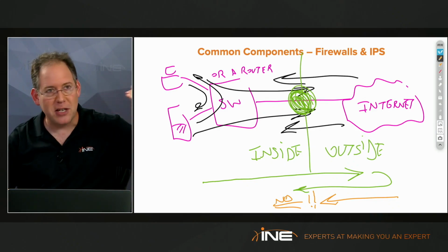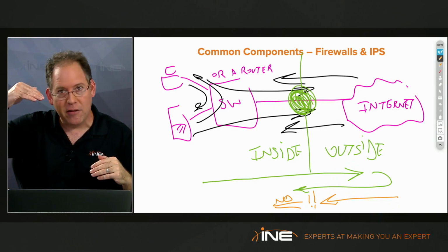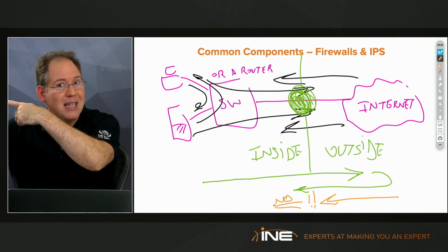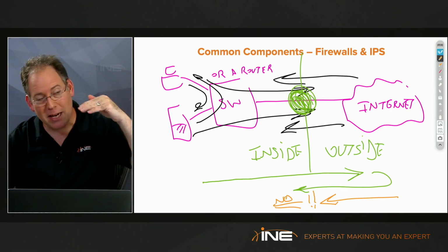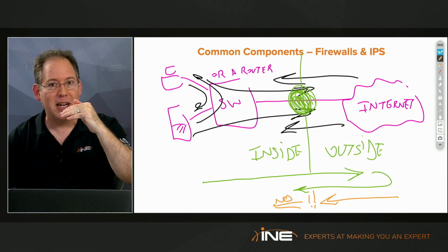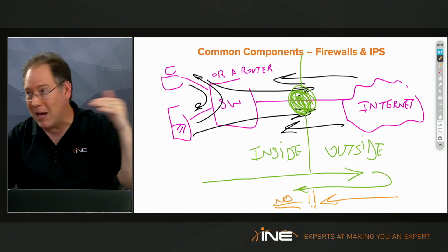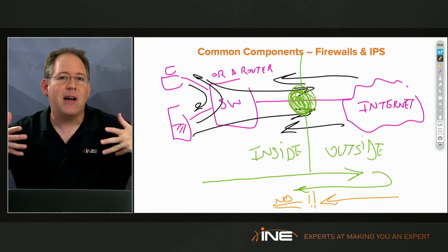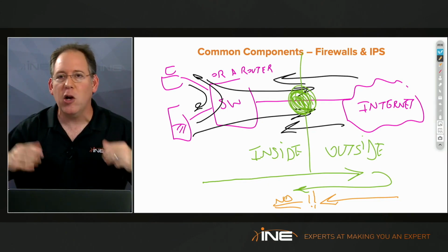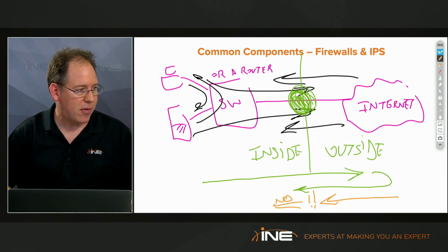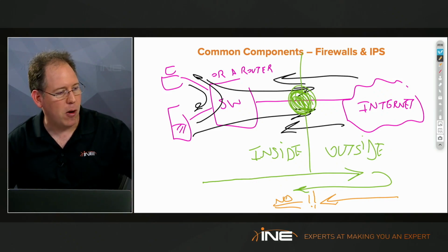If it comes in the east wing, it can go out to the west wing, and the west wing can respond to that, but the west wing is not allowed to initiate a connection to the east wing. The west wing can initiate a connection northbound, but not this way. That's what a firewall does. It controls the flow of information to make your network more secure. Hence, that's why we call it a firewall.